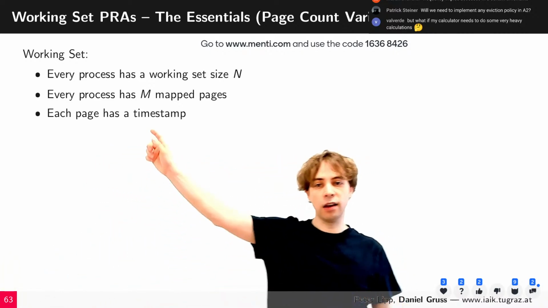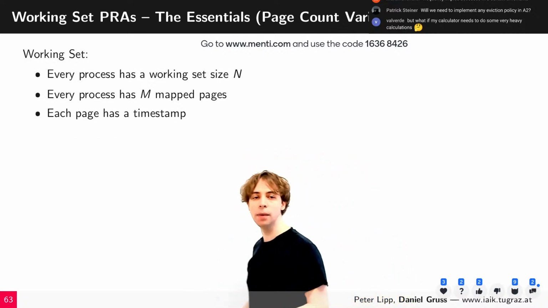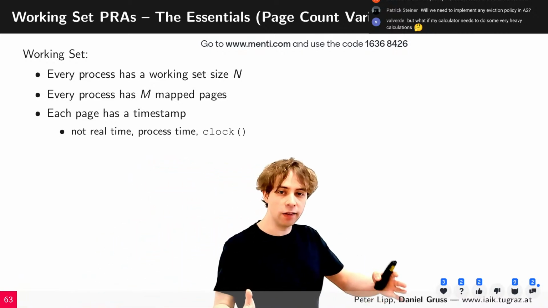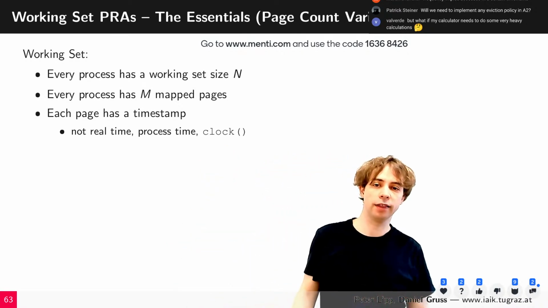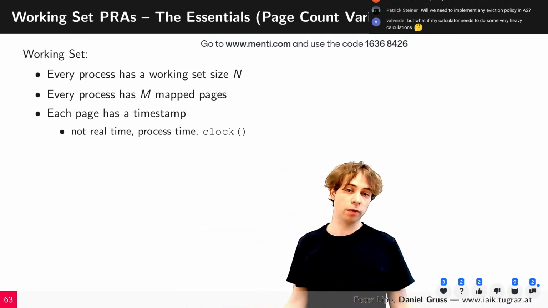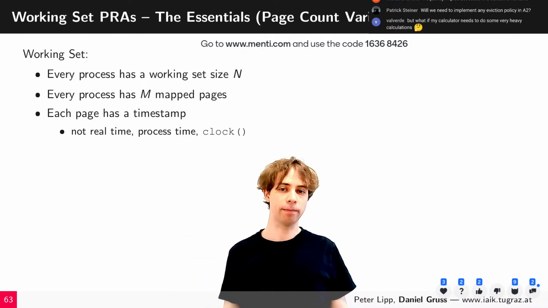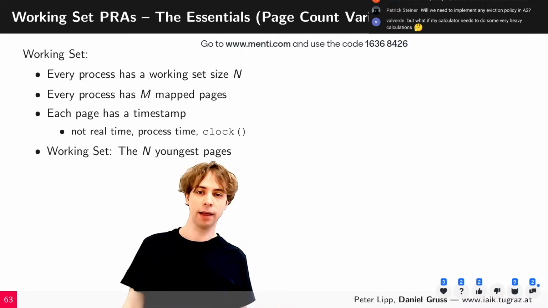Each page has a timestamp, and this usually is not real time because we are talking here about relative ages within the process. So you could use the process time here, or the clock that you've implemented for the clock syscall. There's no need to use real time.